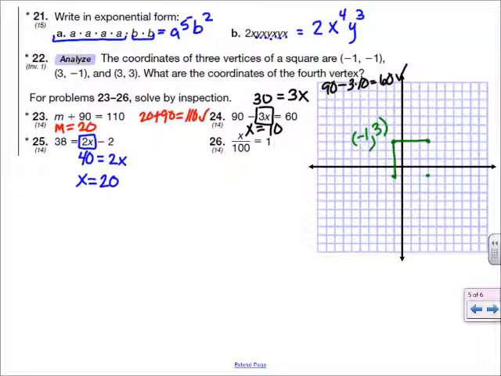So if I double check, 2 times 20 is 40, minus 2 is 38. That checks out. And then the last one, anytime I divide a number by another number and I get 1, that tells me that the first number had to be the same as the second number. So 100 divided by 100 would give me 1.